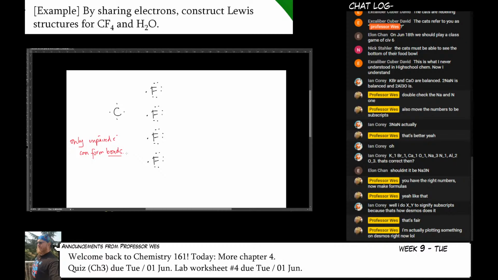And the reason for that is that in order to form a bond, I would need to share electrons, and at most I can only put 2 on a side. If I shared a pair of electrons, I already hit 2, and I can't accept any more. So only the unpaired ones have the capacity for sharing. The other sides don't need to share. So if I'm going to form a bond, it would be between any 2 unpaired electrons, like that. Or maybe like that. Or maybe like that. And so on.